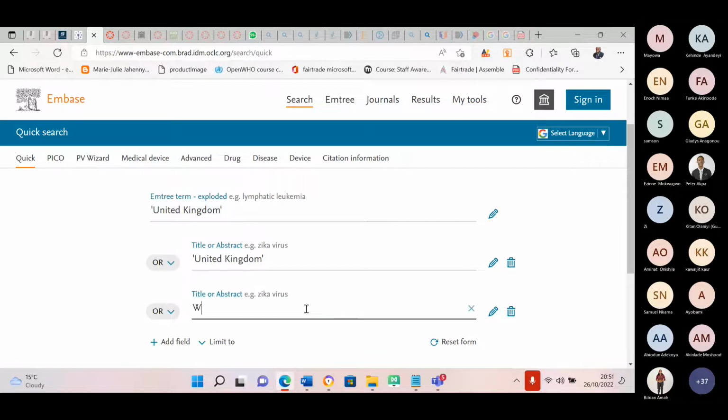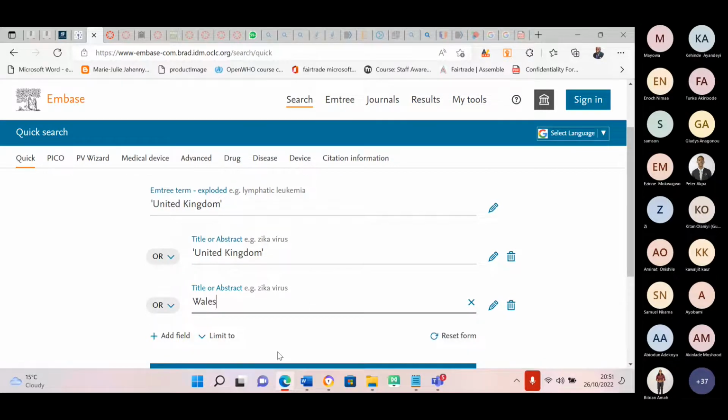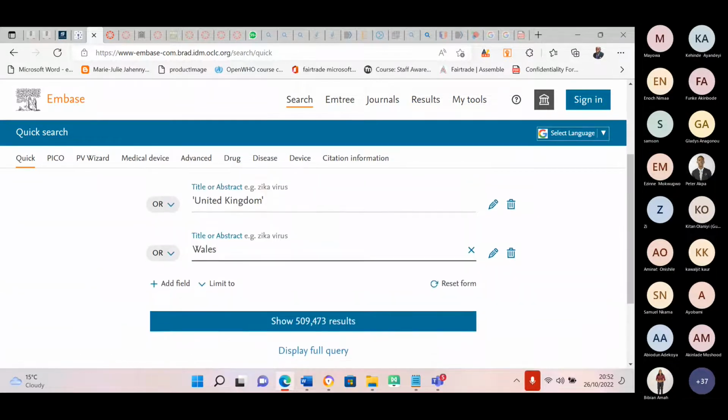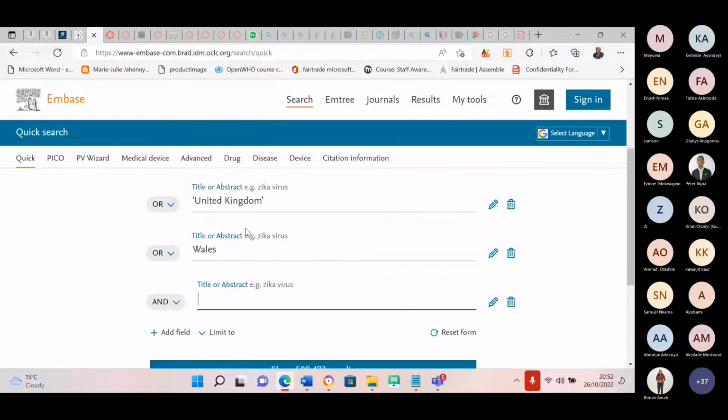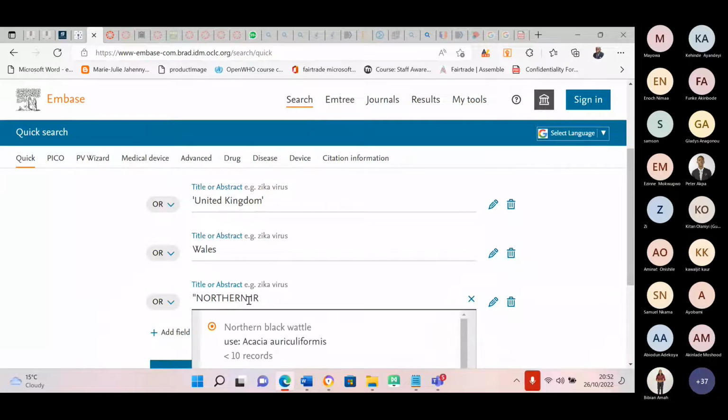So I said Wales, right? Wales. Okay. Then add another one. So all again. Northern Ireland. This time around, I'll use a quotation mark. Northern Ireland.